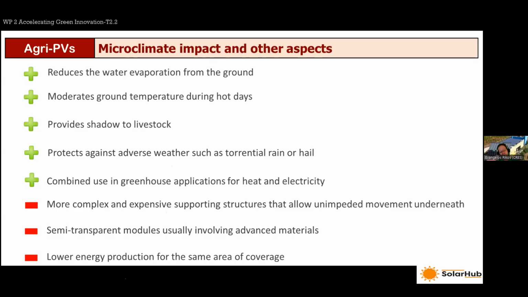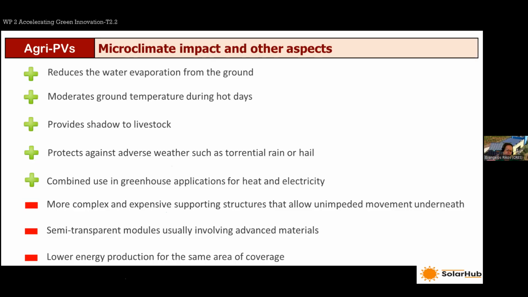They protect against adverse weather conditions such as torrential rain, for example, or hail. And the combined use of them can be beneficial when it comes to greenhouse applications, right? I mean, when we have to increase the heat of a crop, for example, one could use some agri-PVs to do that, and at the same time have some electricity generation.